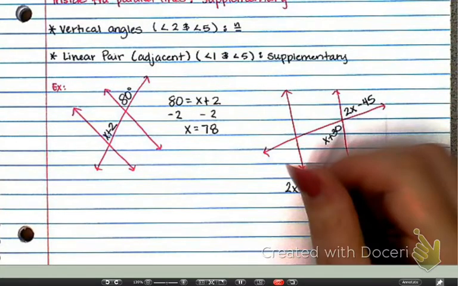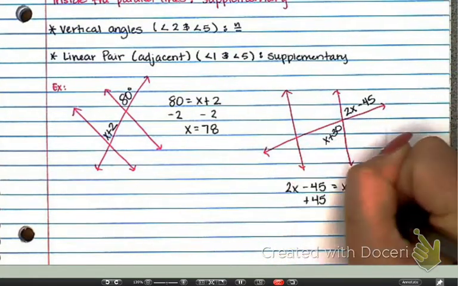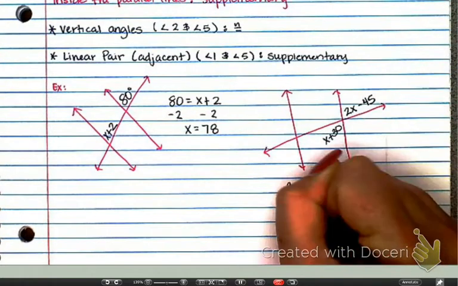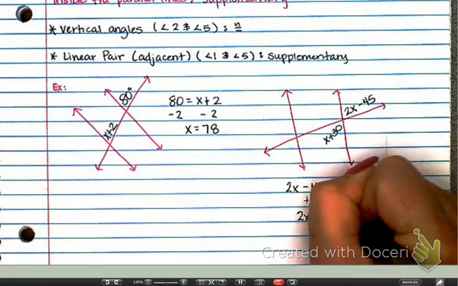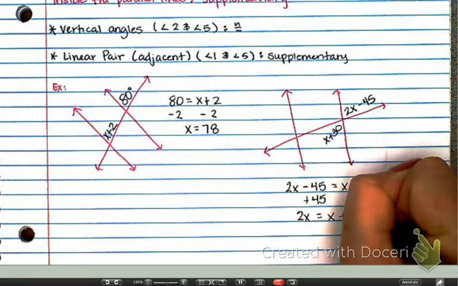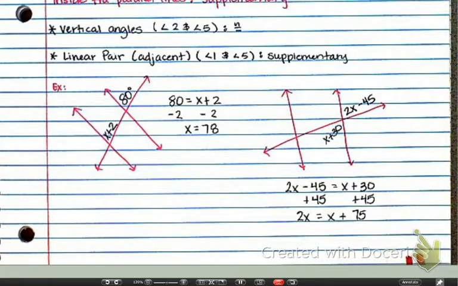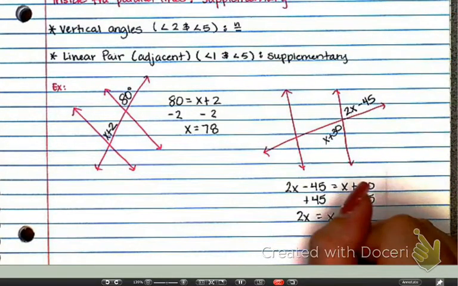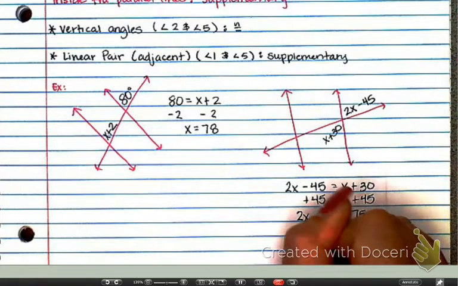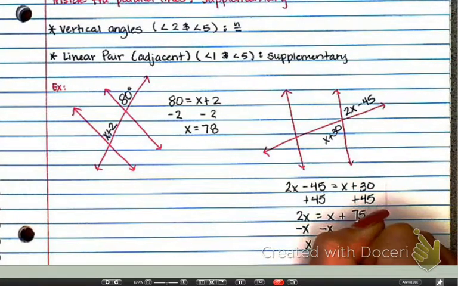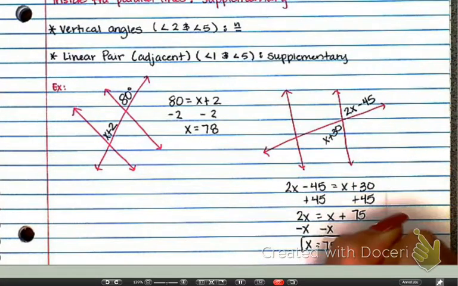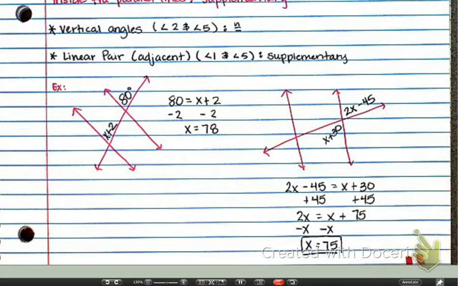To move 45, we're going to add 45 to both sides, giving us 2x equals x plus 75. Then subtract x. So you should end up with x equals 75. And again, you can check it by plugging it back in to see that they're actually equal to each other.